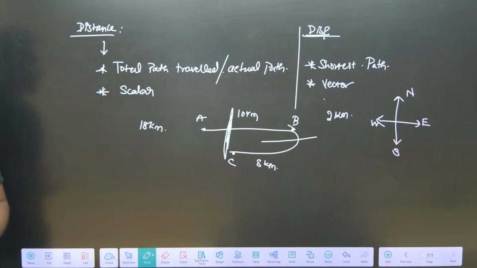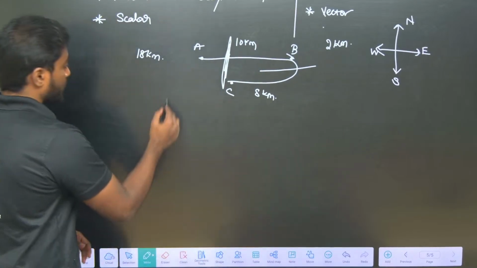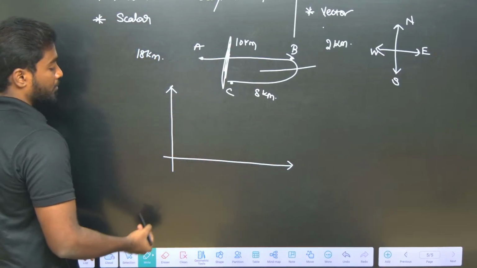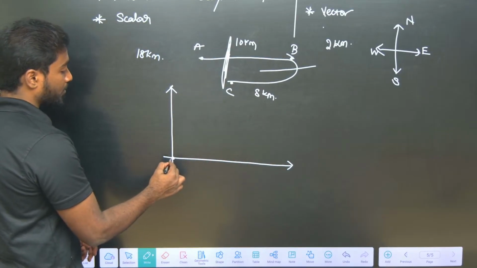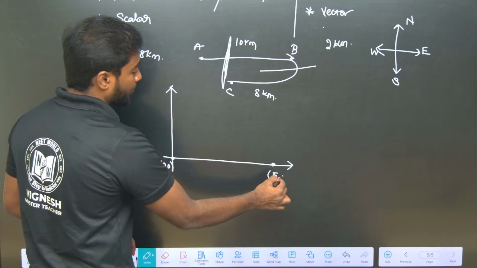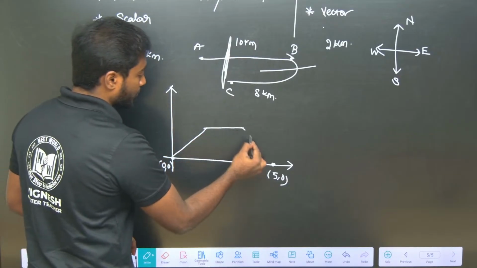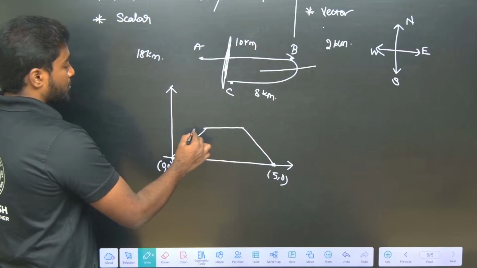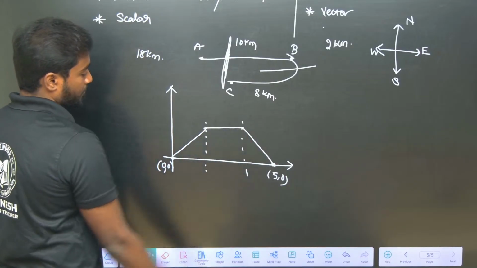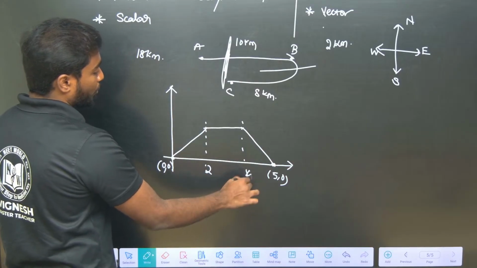So, I will give one more example over here. Let me take a graph like this. For example, let me take 0, 0 and this point is 5, 0. So, I have travelled like this. This is the point 2 and this is 4, for example.